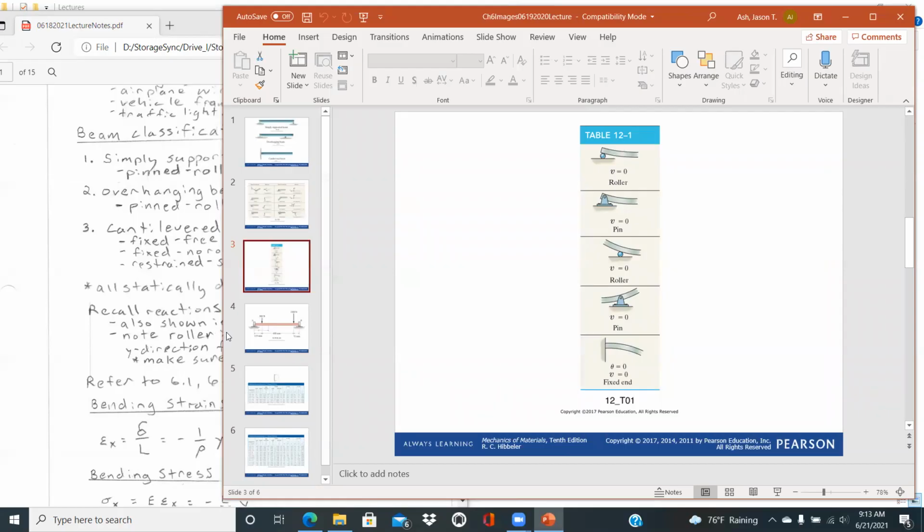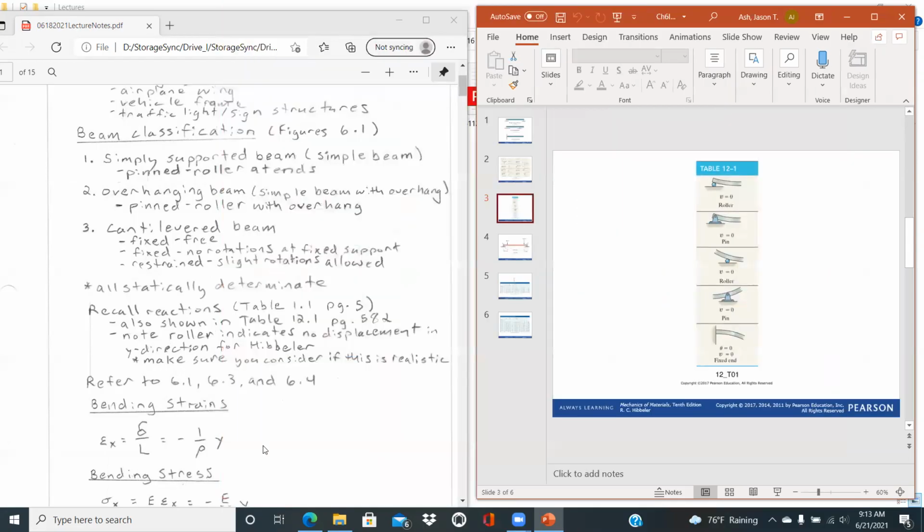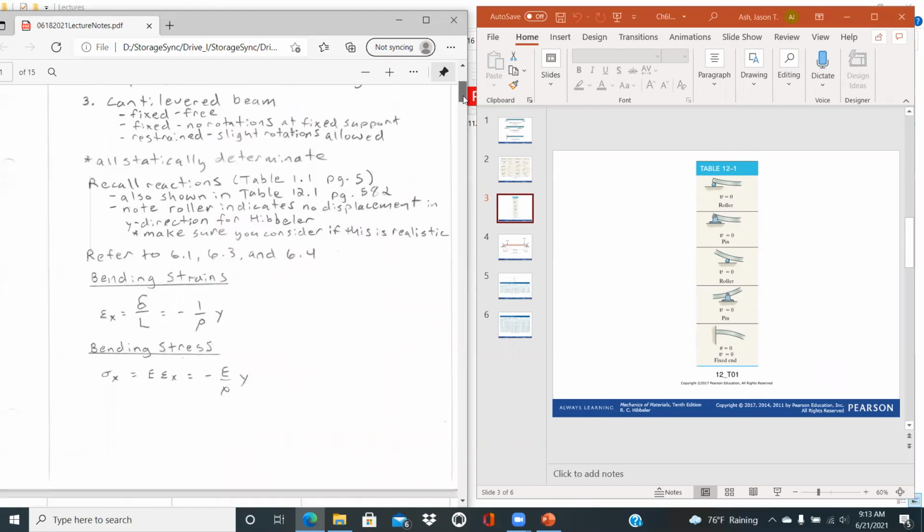We'll shrink that back down for now. So I think we're good there.